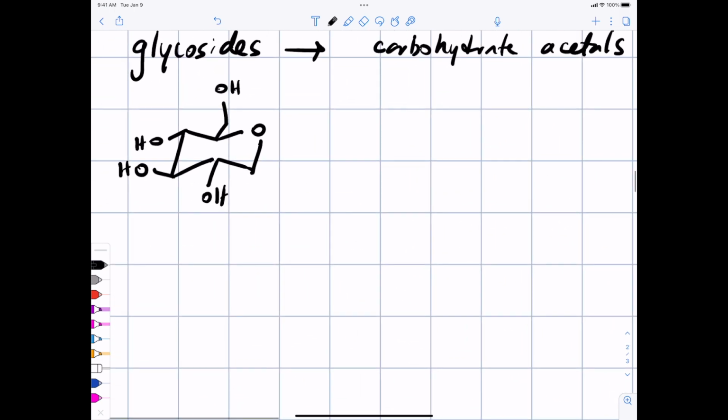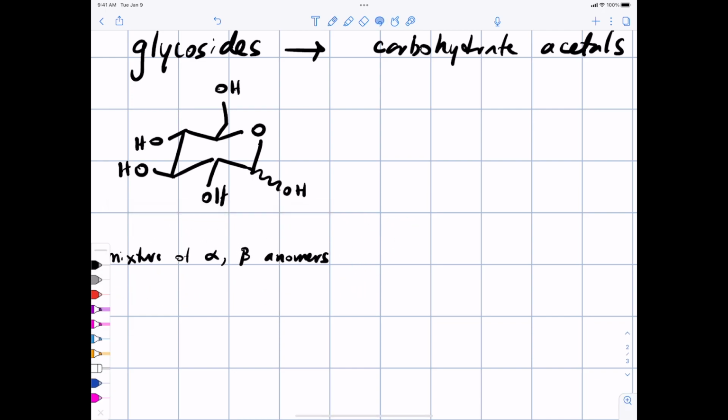You get a mixture of alpha and beta anomers. You use a squiggly line here, sort of between the equatorial and axial positions. That's not meant to communicate anything three-dimensional. What that is meant to communicate is, I have a mixture of alpha and beta anomers.